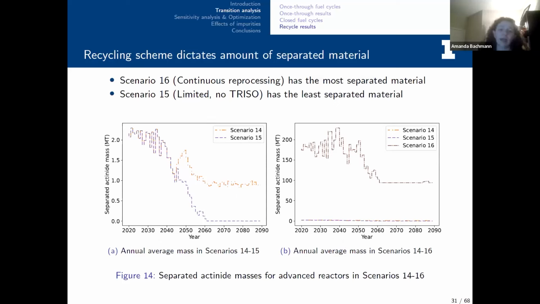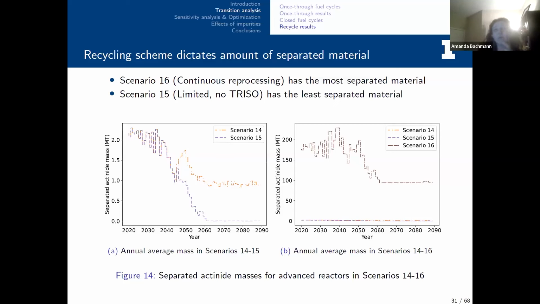So when we look at just the amount of actinide material that we get out of our advanced reactor fuels, kind of looking at when we have the limited reprocessing and then also when we have all three of them, that recycling scheme is going to dictate the amount of separated material that you have. For scenario 16, that's the continuous reprocessing.